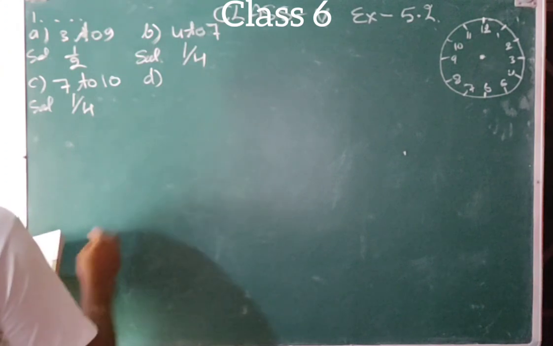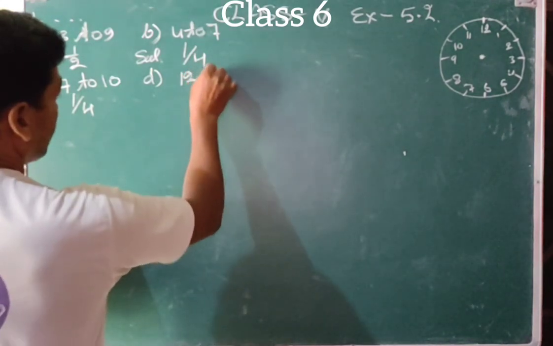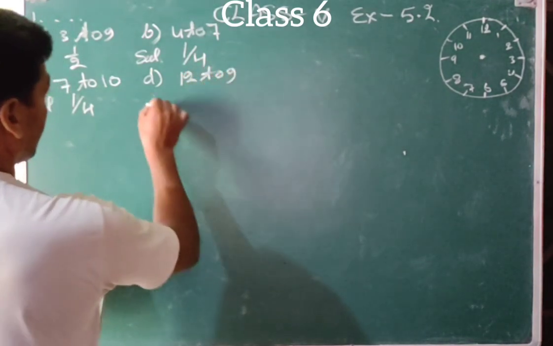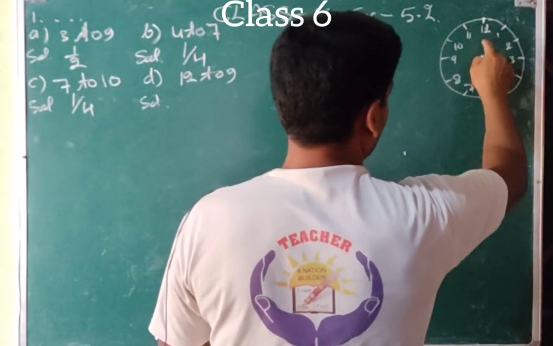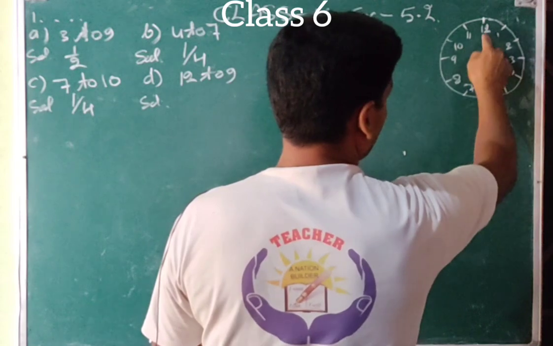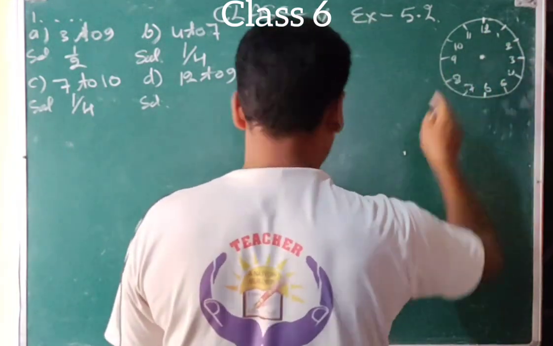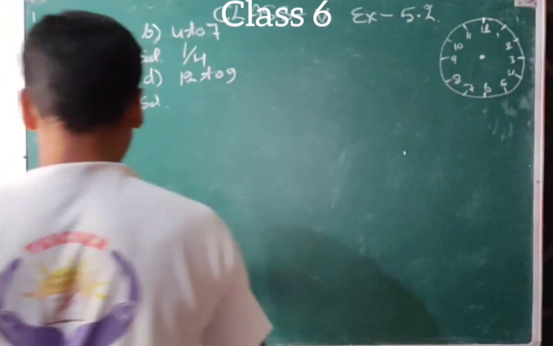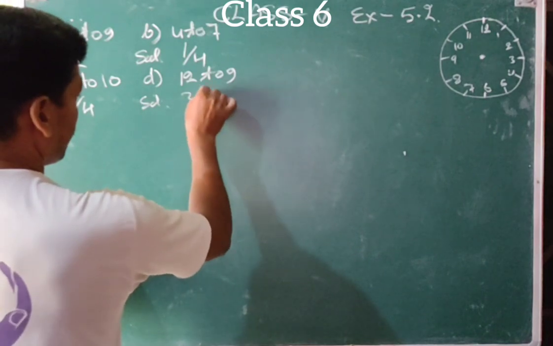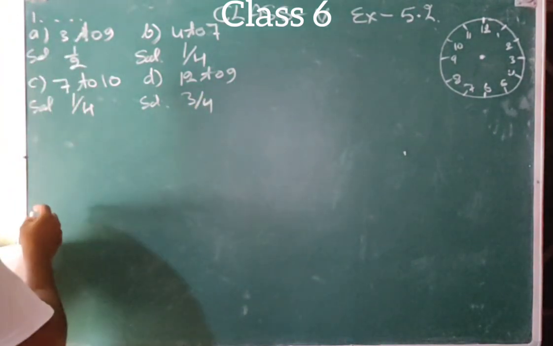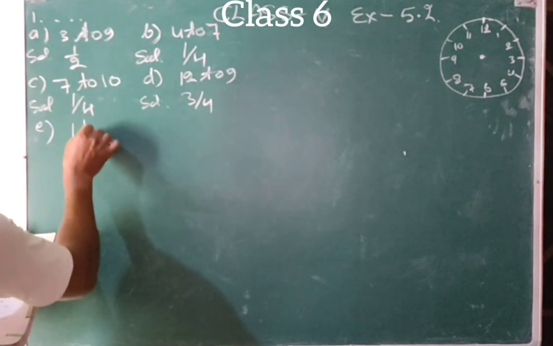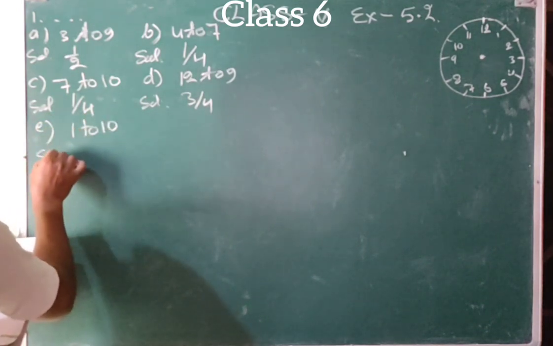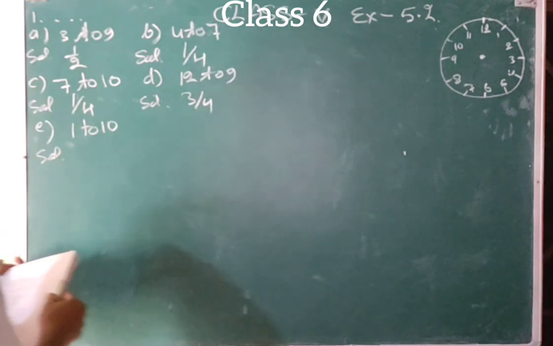And then D part, that is 12 to 9, that means 3/4. E part, 1 to 10.